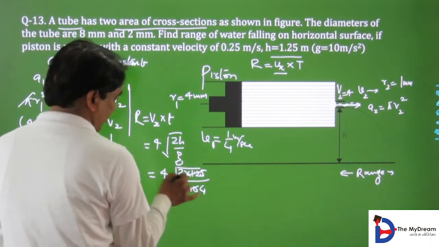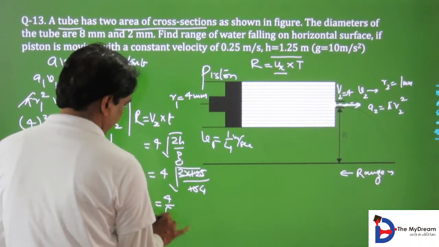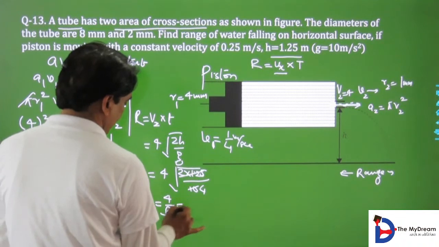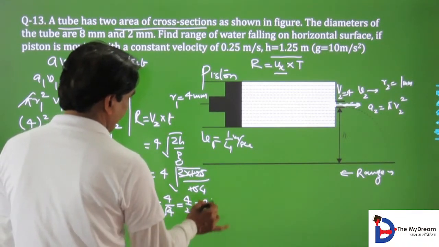And the square root of 4, that is 2. Then you will get 2 meters.